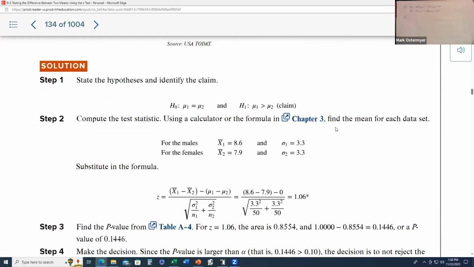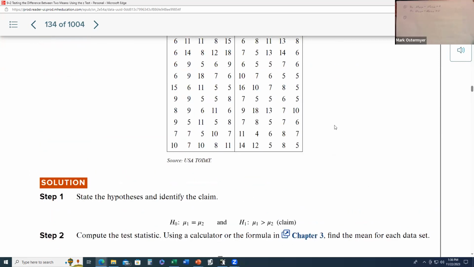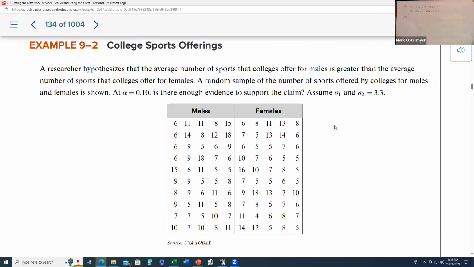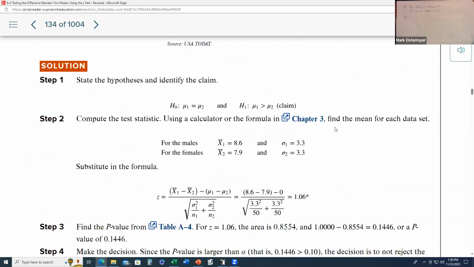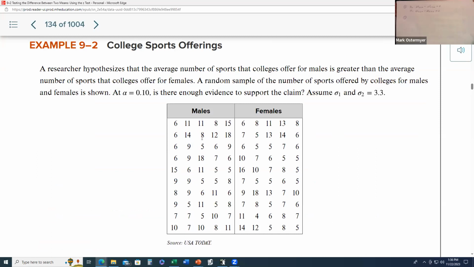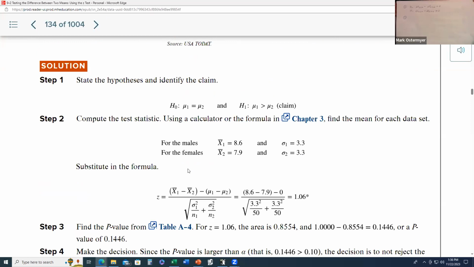All right, let's see here. Oh, this is interesting. Ladies and gentlemen, do you remember the college sports offered for males versus females? On the PowerPoint presentation, they just gave us the statistics, didn't they? The sample means were already computed.